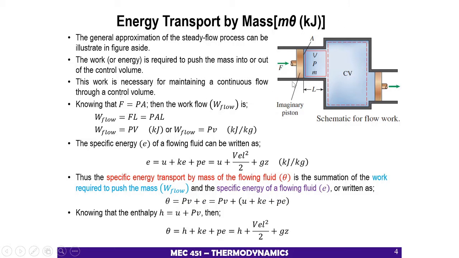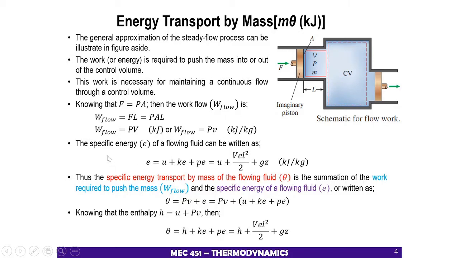From this example, knowing that force is pressure times area, the flow work is force times length, which equals pressure times area times length, and you get pressure times volume in units of kilojoule, or flow work per specific volume in kilojoule per kg.